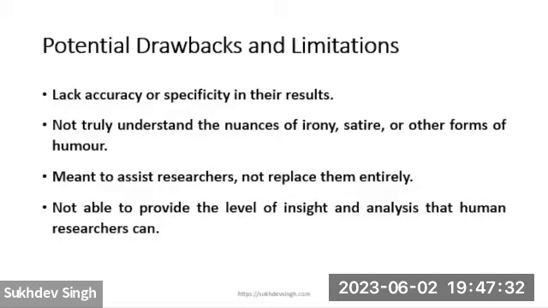Of course, they are machine driven, so they may not understand irony, sarcasm, or other forms of humor. They are meant to assist researchers, however, they will not replace them entirely. And they cannot provide the level of insight and analysis that human researchers can.